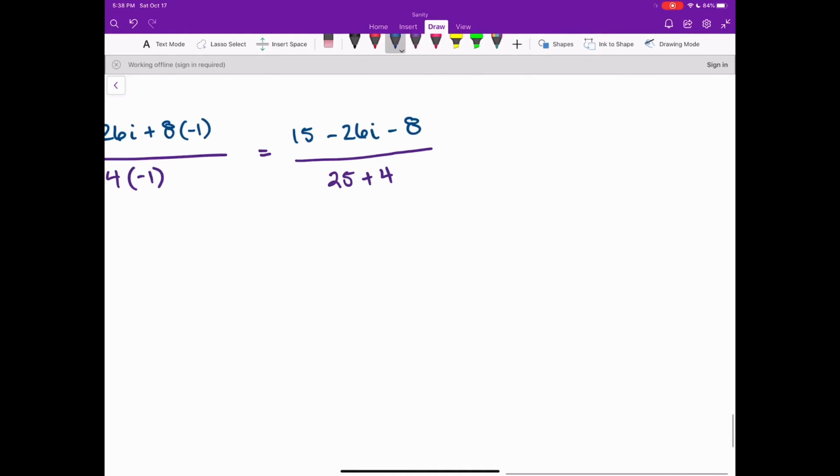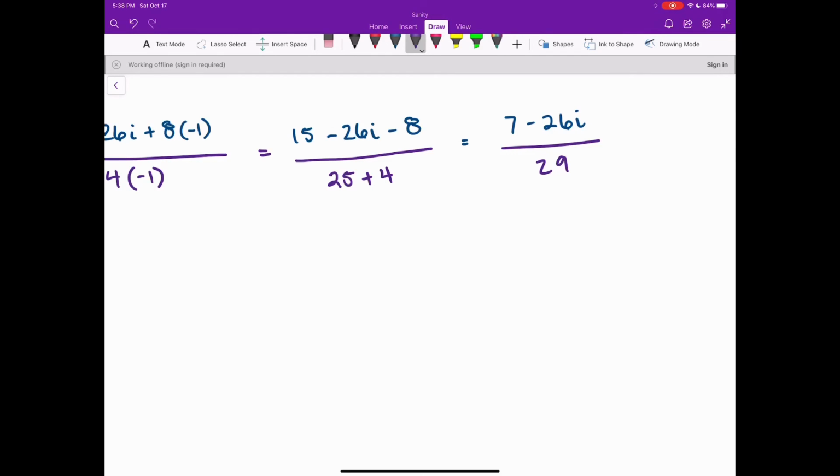I'll keep moving along here. The 15 and the negative 8 are going to combine and be 7, but I still have the negative 26i over 29. And that is as simple as you can make it.